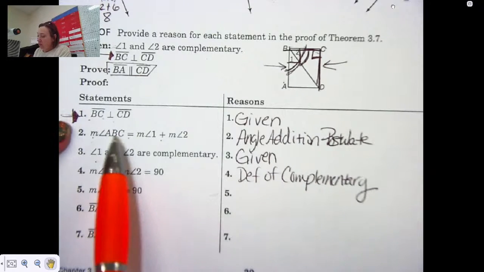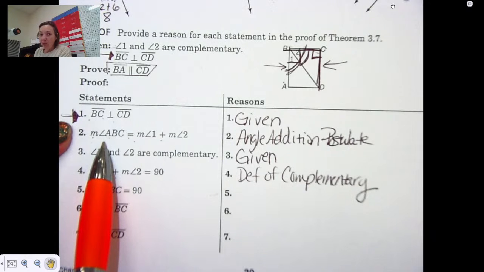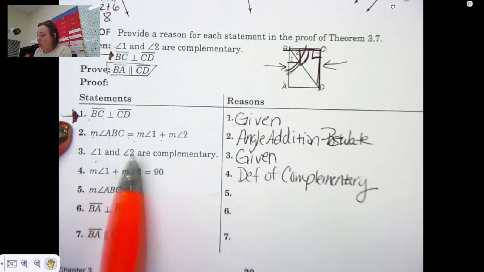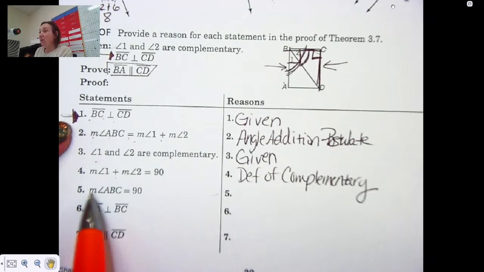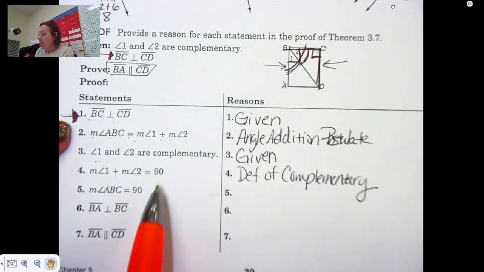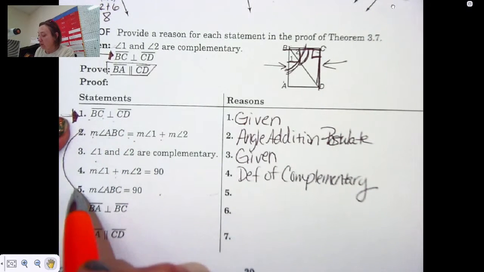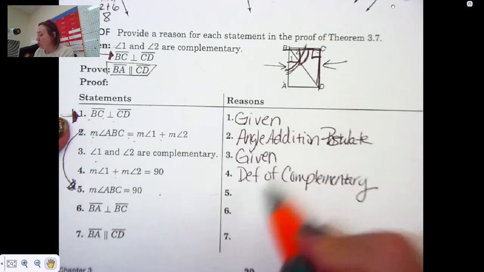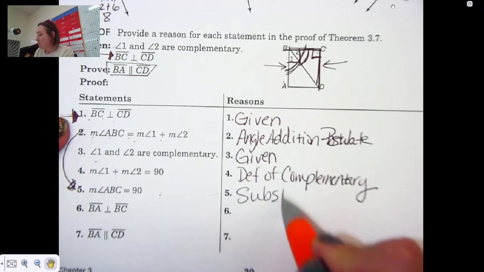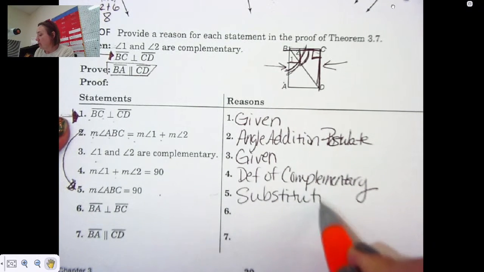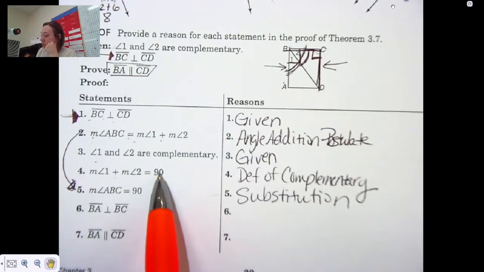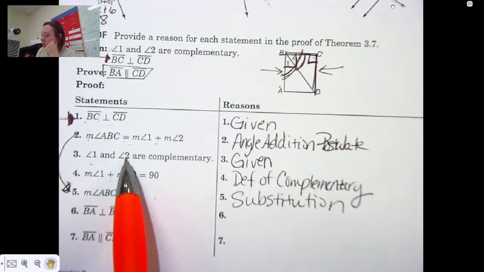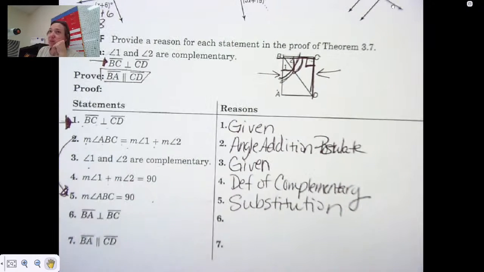Angle 1 and angle 2 equal ABC. 1 and 2 add up to 90, so ABC adds up to 90. How did we get from here to here? We just used substitution. If 1 and 2 add up to 90 and 1 and 2 add up to ABC, then ABC equals 90. Y'all see how that works?